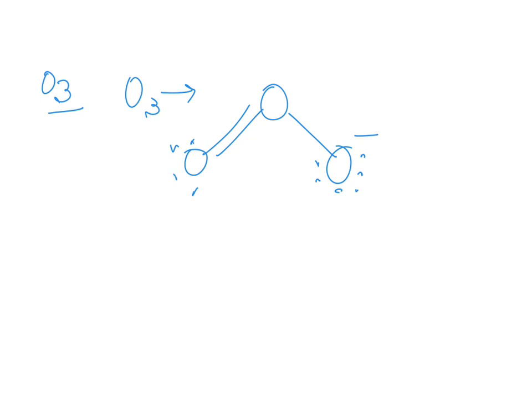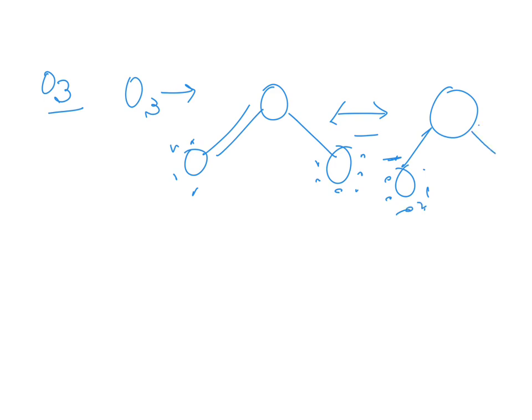Let us see the structure of ozone. It has one double bond and the other one will be a single bond. The single bond side will have 6 electrons and the double bond will have 4 electrons. So this is the structure, and its resonance structure can be written.